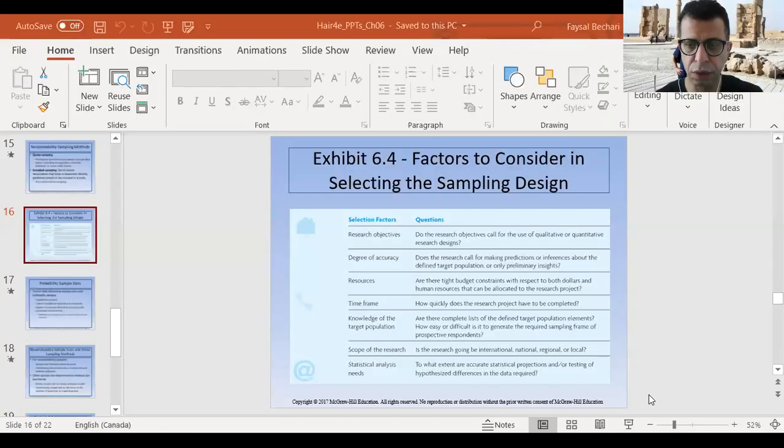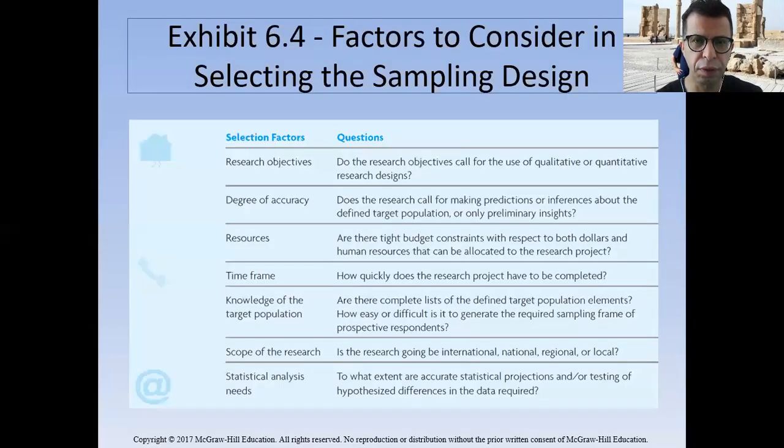Now, just back to the subject, we said in the previous class that the factors to consider when you're selecting a sample are designed by the research objective, the degree of accuracy, the resources that you have, the time frame, the knowledge of the target population, and the scope of research.